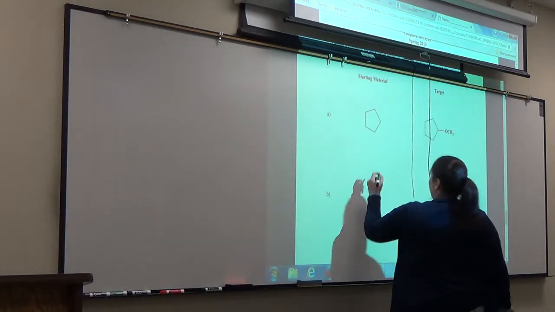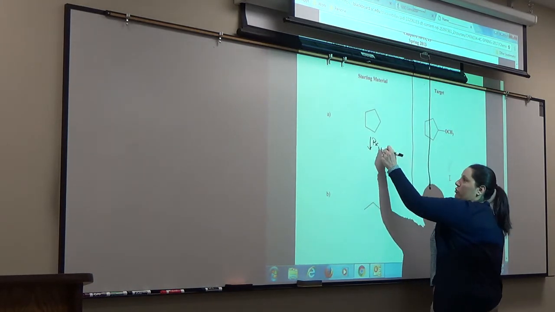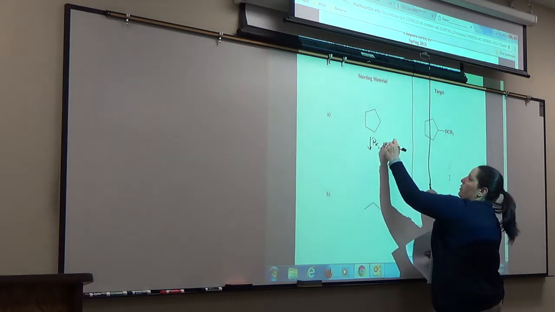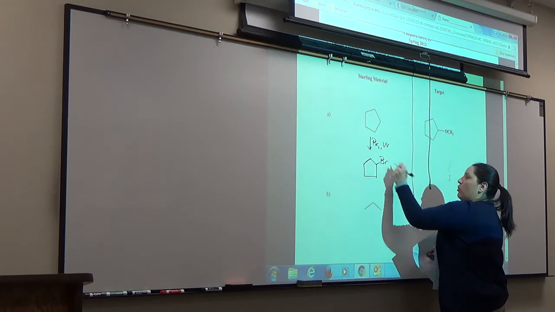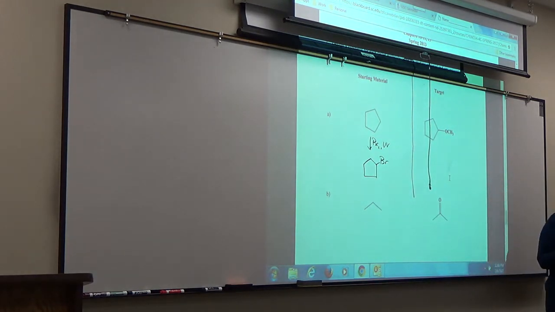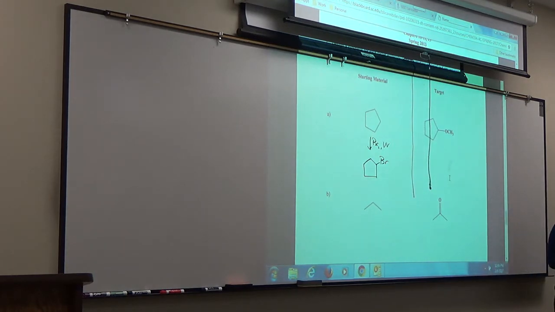Halogenation. Yeah, right, so halogenation. And again, you can pick Br2 is fine, or whatever you want to put in, UV. So then it puts in the bromine wherever you want, since this is cyclic, right? If it wasn't cyclic, it would put it on the most substituted. But since it's cyclic, you can put it anywhere.